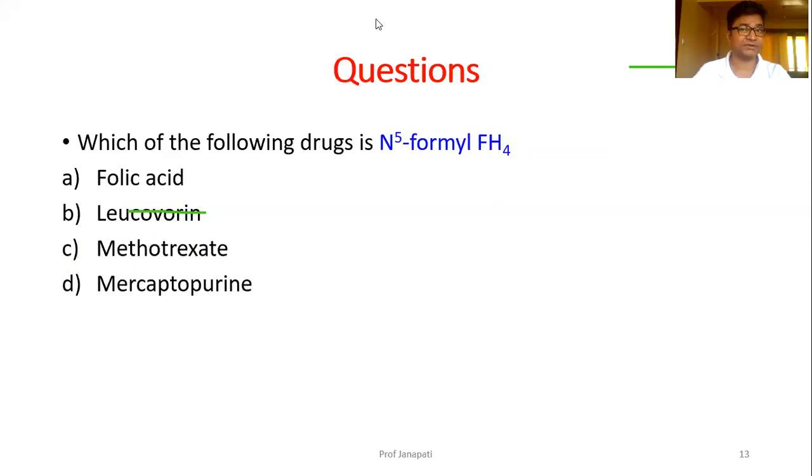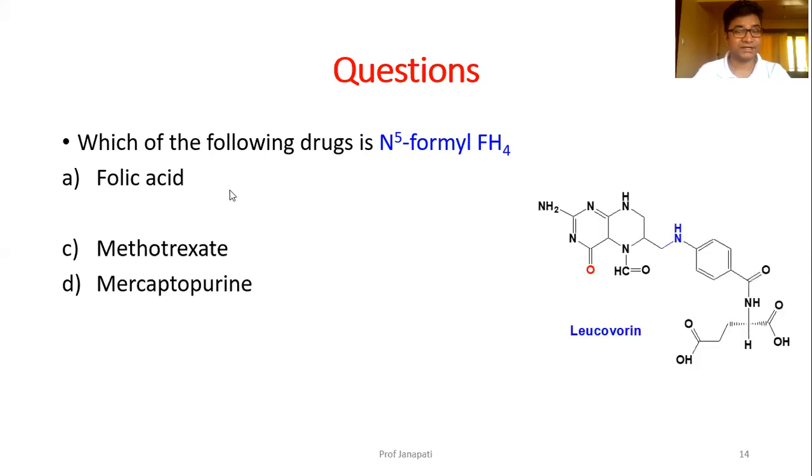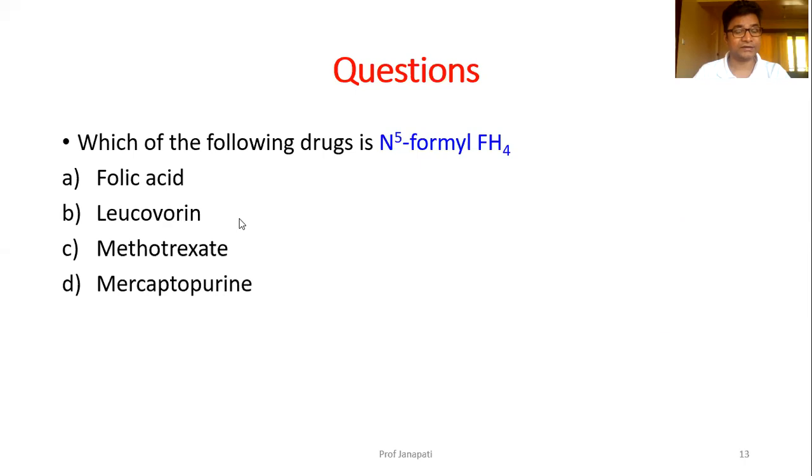Let us see some of the questions, and you can recollect. Which of the following drugs is N5-formyl FH4? We already told this. It is leucovorin. It has a formyl group at the 5th position. This is a formyl or aldehyde group, called methanal or formaldehyde. This is the answer.